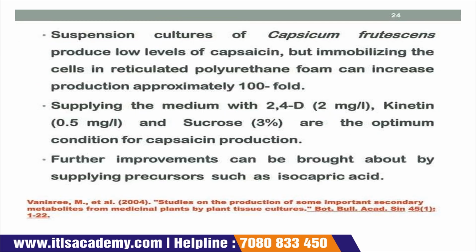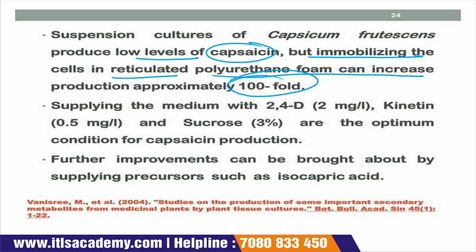Now, the suspension culture of Capsicum frutescens produces a low level of capsaicin, but immobilizing the cells in reticulated polyurethane foam can increase the production approximately 100-fold.